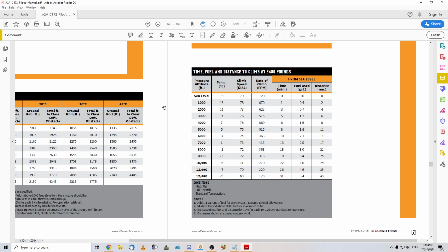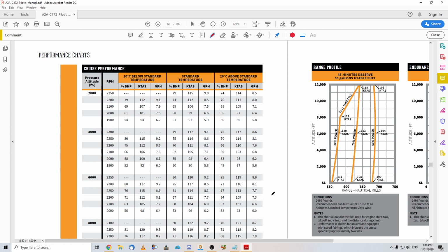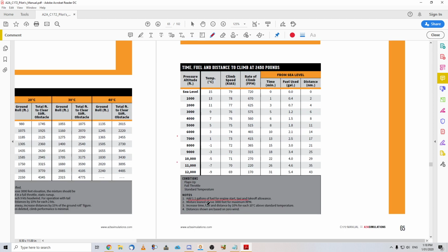Now, A2A have very kindly, if you read down the bottom here, so for taxi, you add 1.1, so you don't really need to calculate taxi fuel.